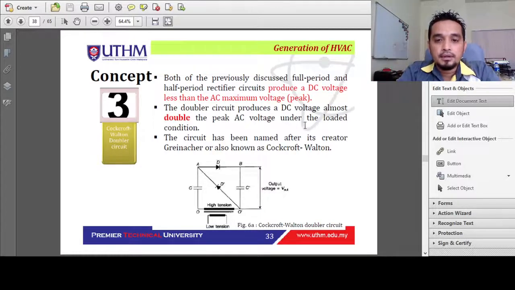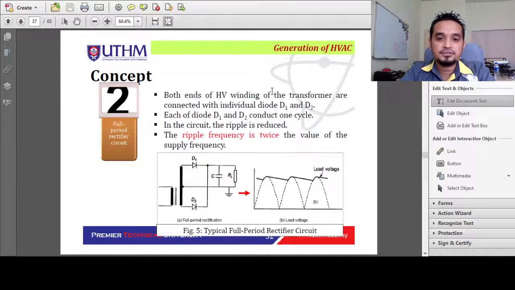Okay, how can this happen? Half wave produces a DC less than the AC. Obviously the DC voltage should be lower than the AC peak.